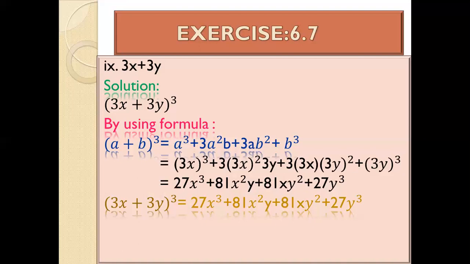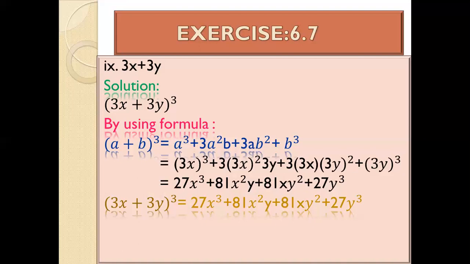Instead of A you write what? 3x and B 3y. (3x)³ plus 3 into (3x)² into 3y plus 3 into 3x into (3y)² plus (3y)³.